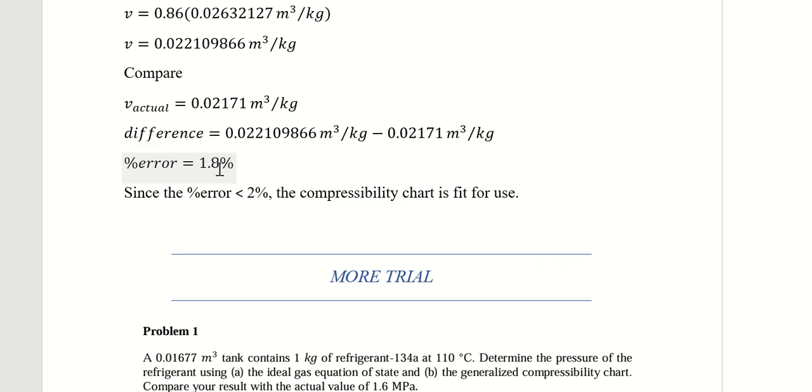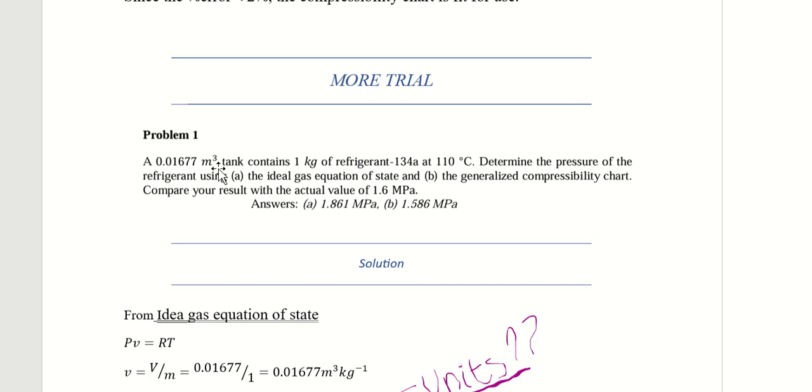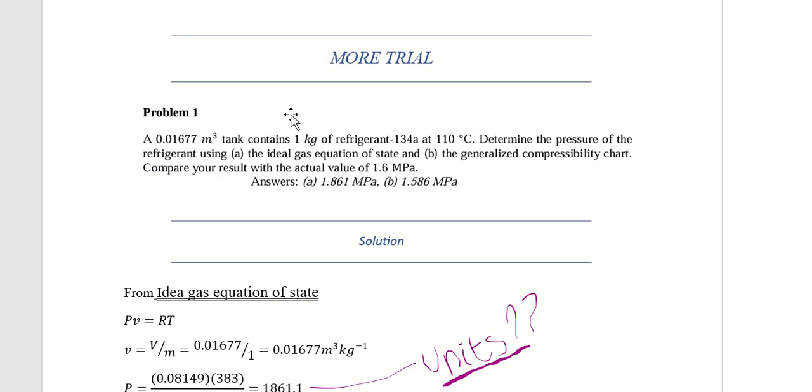So, more examples. Okay, problem one. The question is: a 0.0167 meter cube tank contains 1 kilogram of refrigerant 134A at 110 degrees Celsius.